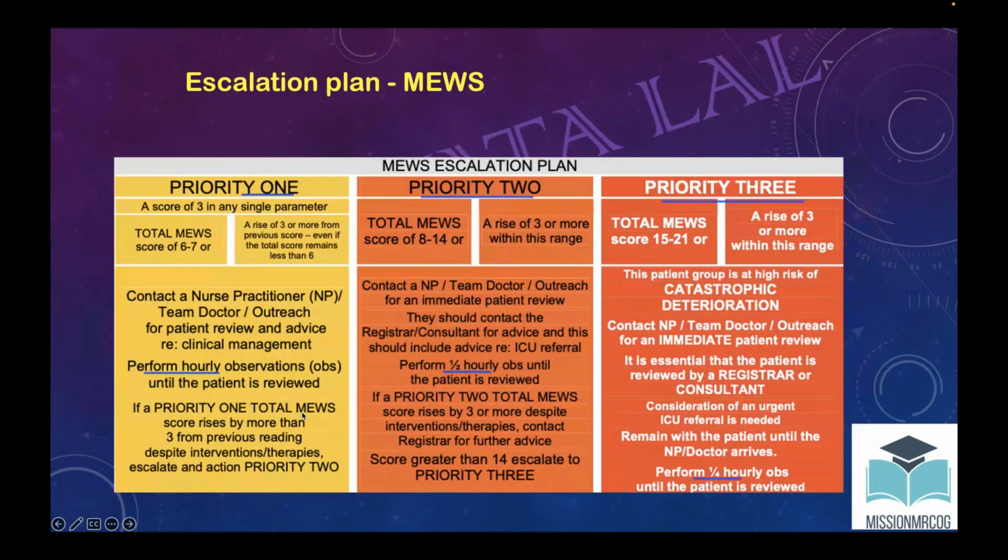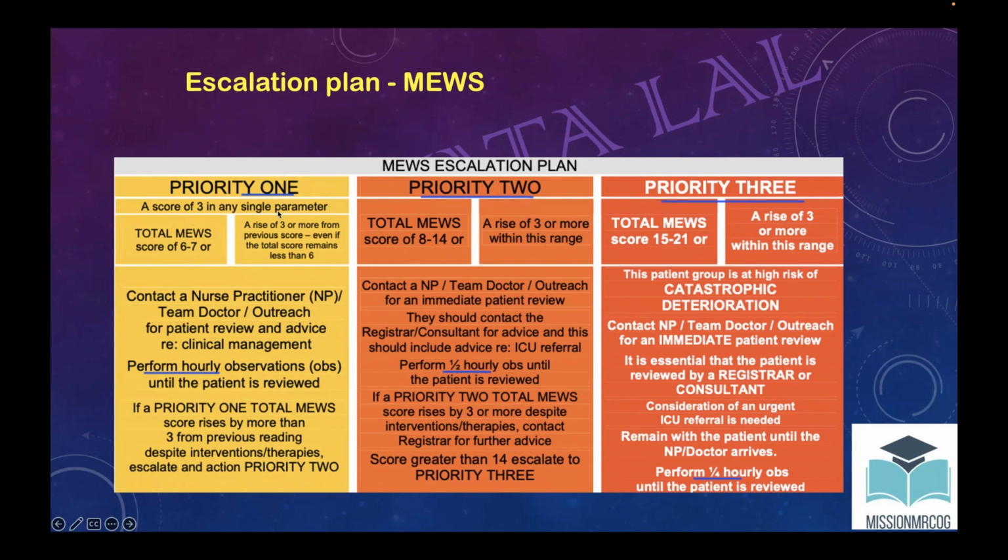Now they have put that in three priorities. Priority 1: if the total MEOWS score is 6 to 7, or all of a sudden there is a score of 3, or one red box. One red box will give one score of 3.